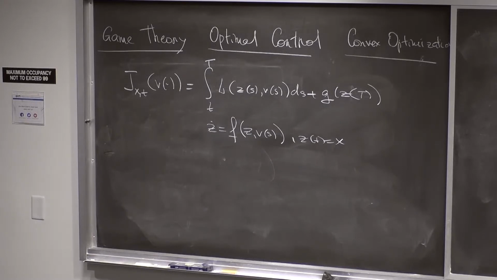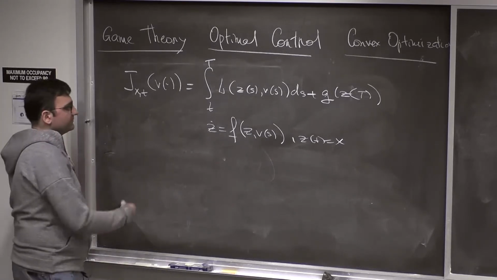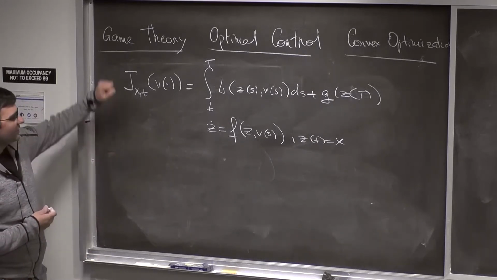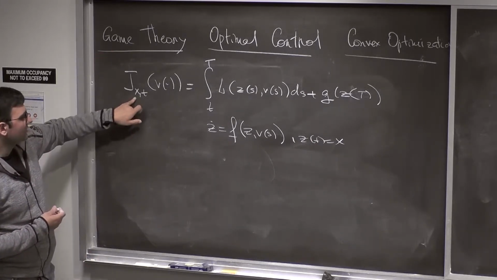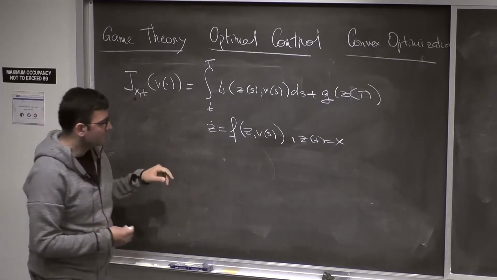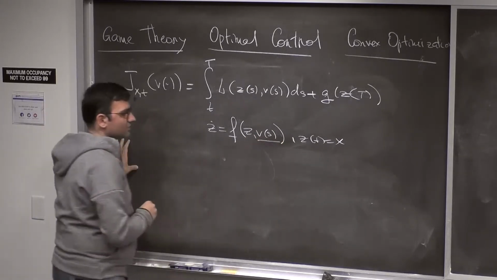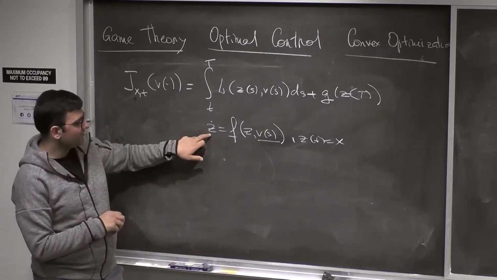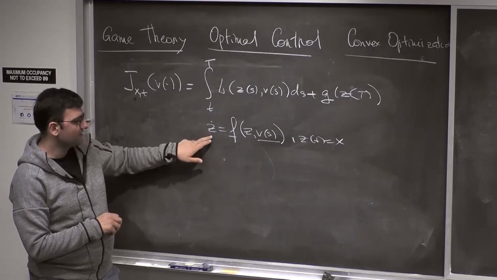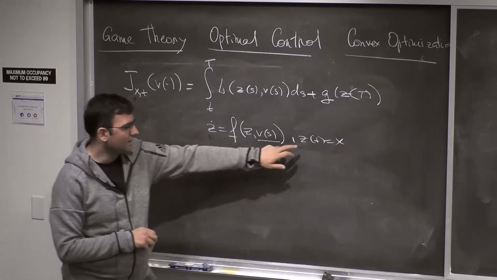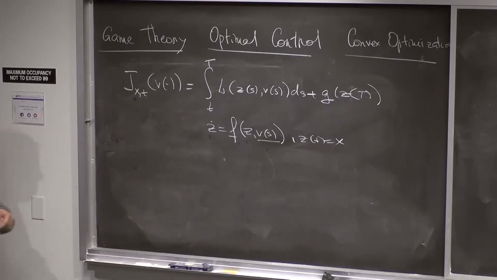And what is a differential game? So one instance is the instance of the optimal control. So let's say we have an agent that starts at position x at time t, and it has some control, which is v, and the dynamics of the player is given by this ODE. So this is a standard setting for optimal control problem. z dot is f(z, v), and the player starts at x.